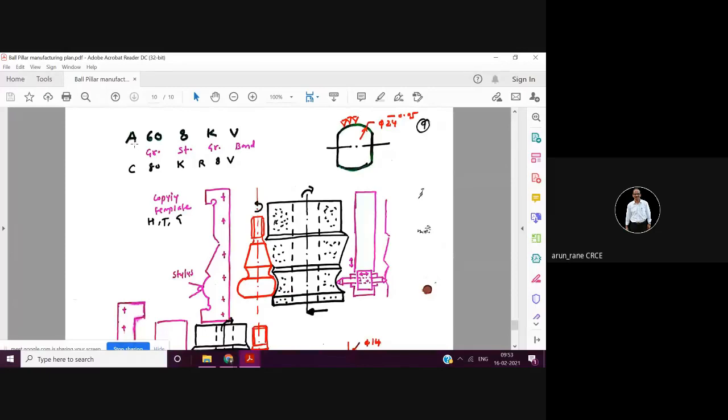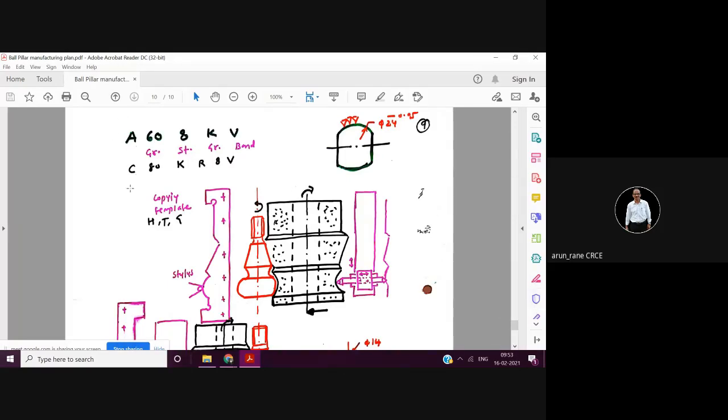That is, this A stands for abrasive, and A is your aluminum oxide. See, basically there are four types of grinding wheels, four types only. Naturally available abrasives are aluminum oxides, which is available on the beach, on the seashore, like Juhu Beach and Chowpatty, etc. So from these, abrasives are made: aluminum oxide.